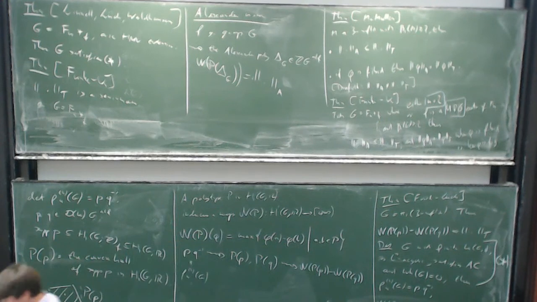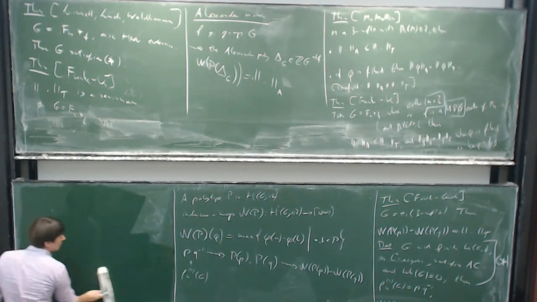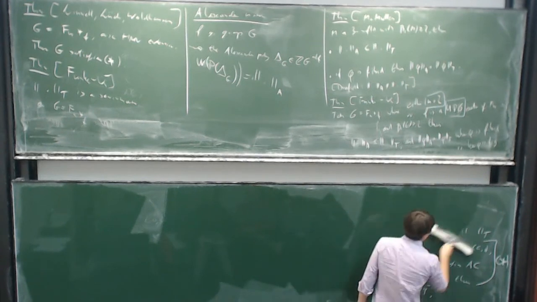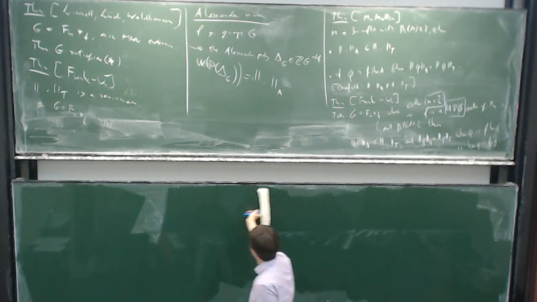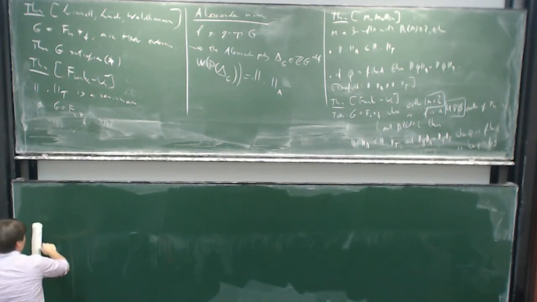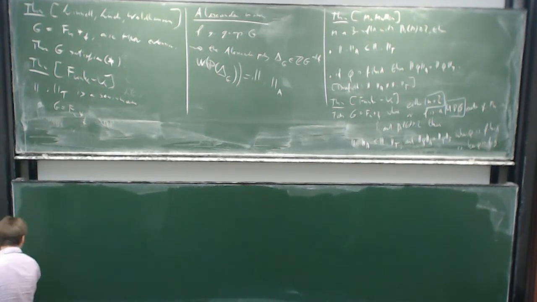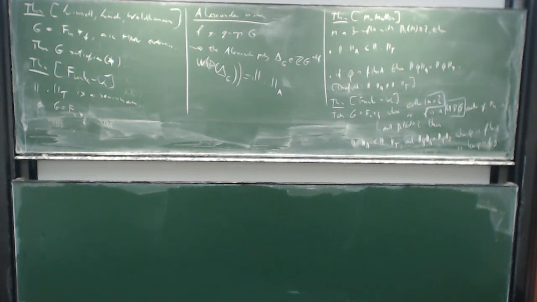Okay, so now I also mentioned the BNS invariants, and there is a relationship between the universal L2 torsion and the BNS invariants.